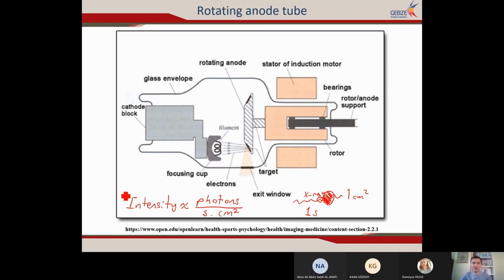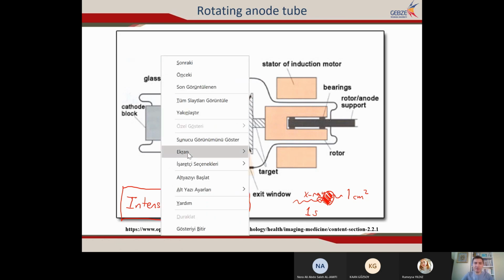This is the general definition of intensity. Of course, there are also more complicated intensity definitions in X-ray books, but this is very helpful for the students. Photons per second per square centimeter. So how many X-rays, how many photons do you produce? This is the intensity. And here we have the rotating anode tube.